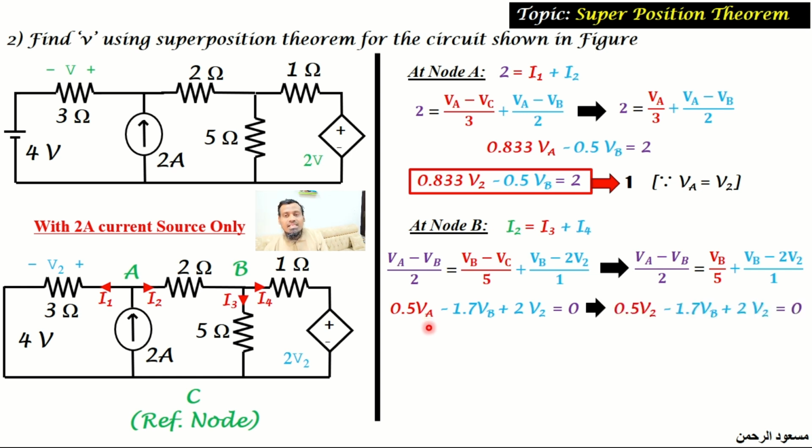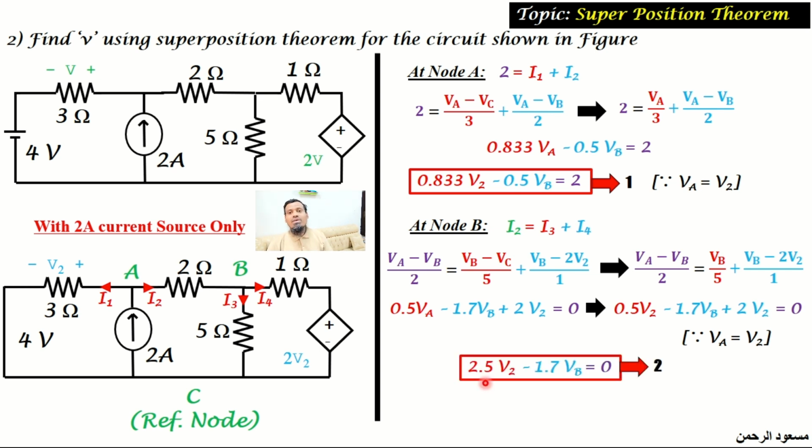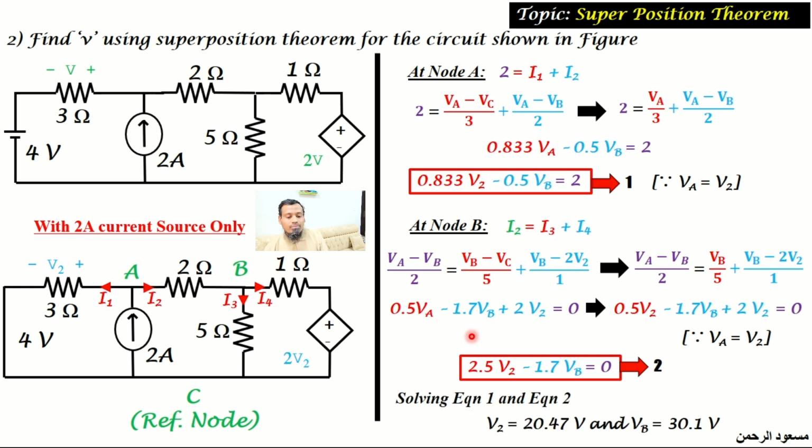We will have a slight change in the equation as this, and we can add the V2 terms together. By adding, you will get the equation as shown here, which is equation number 2. So we have two equations now. By solving these two equations, we will find the two unknown values V2 and VB. V2 is equal to 20.47 volt and VB is equal to 30.1 volt.